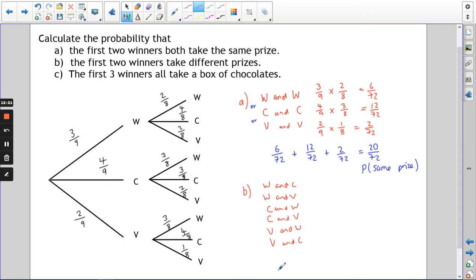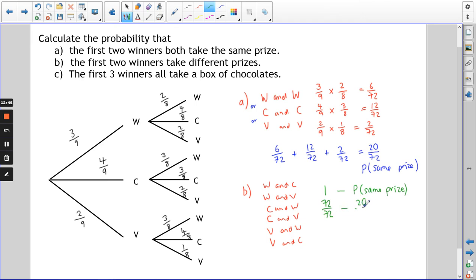But actually, if you think about it, taking different prizes is the opposite of taking the same prize, and so we can actually use a shortcut for this. It's 1 minus the probability of them getting the same prize, as long as the two things are total opposites. Okay. So 1 in this case is 72 out of 72, because you've got to write it as a fraction.